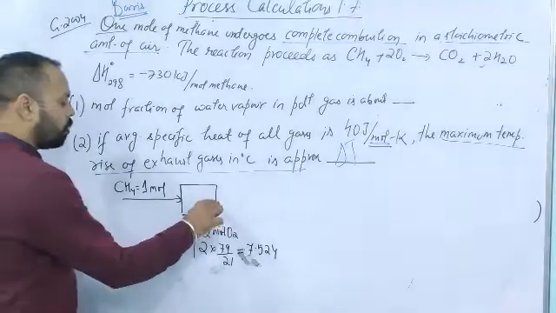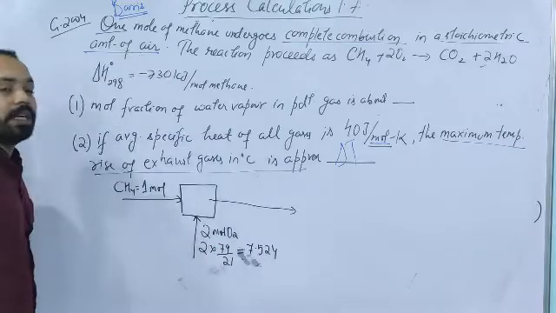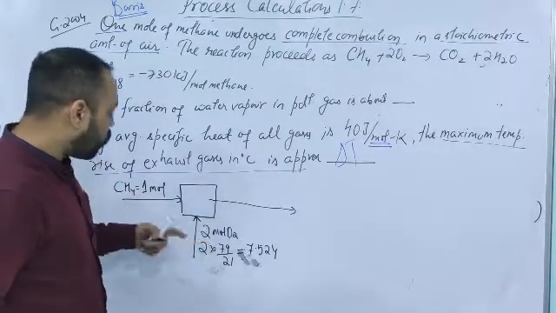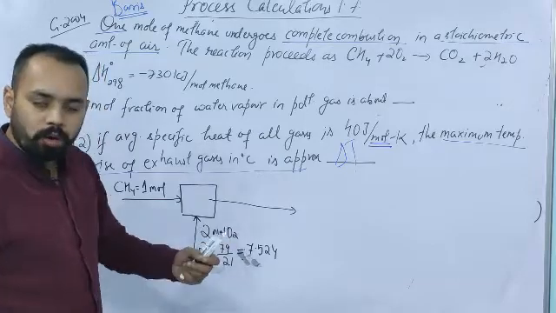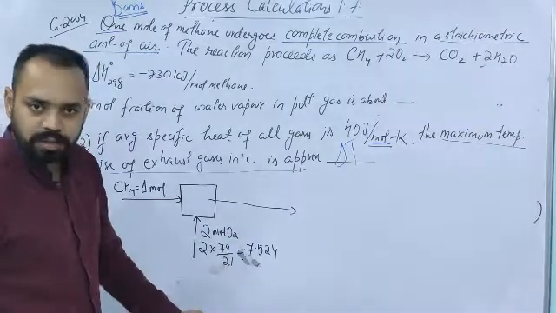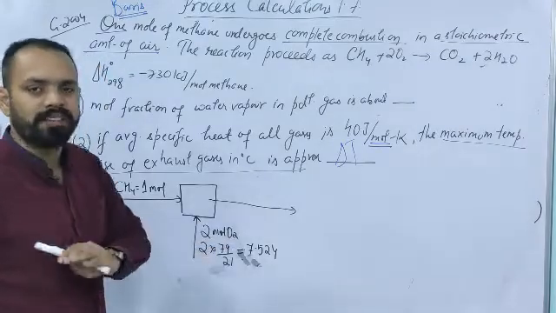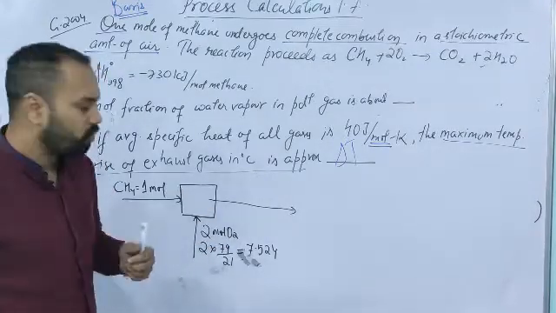Now, what should be the product? It is given that the methane reacts completely. So is there any methane in the product? No. It is also given that only a stoichiometric amount of oxygen is supplied to the system. So whatever oxygen is entering the process, there is no excess oxygen, so it must react. So what should be there?